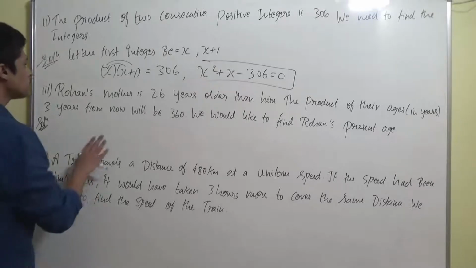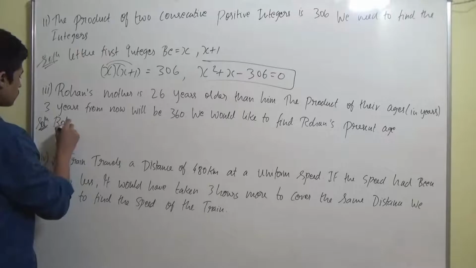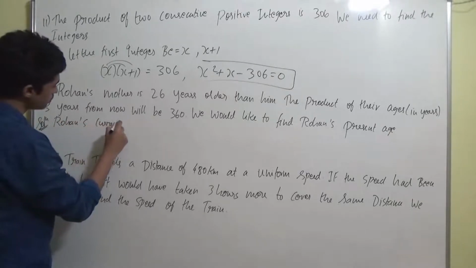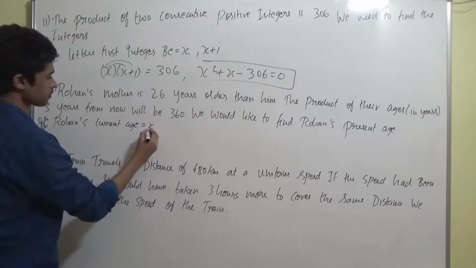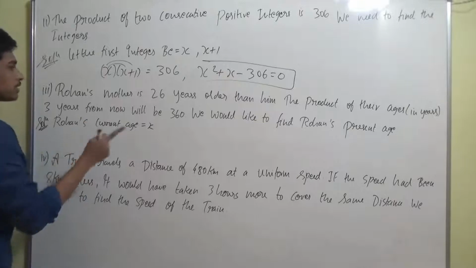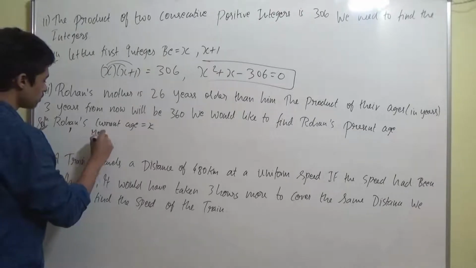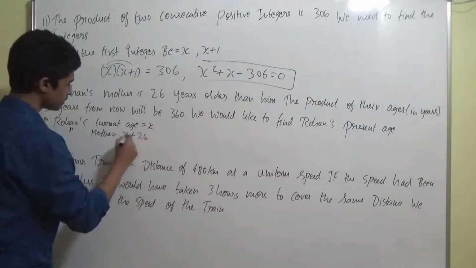So if Rohan's current age is x, we'll assume Rohan's current age equal to x. Rohan's mother is 26 years older than him, so Rohan's mother will be x plus 26.